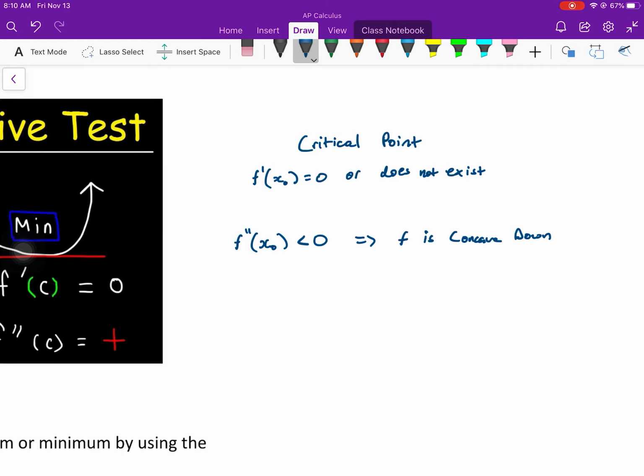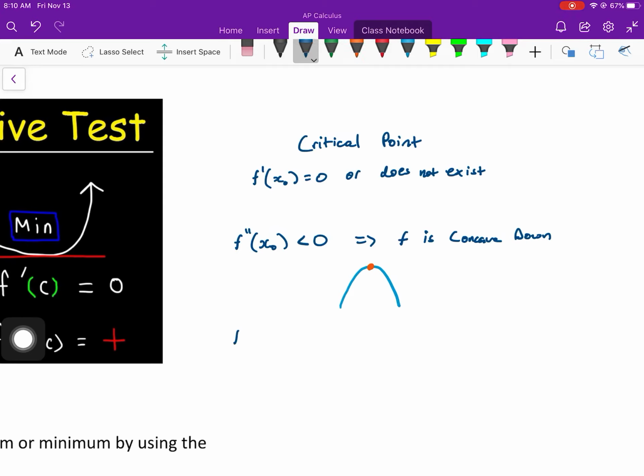So we have a horizontal tangent, but with the sad face, right? Our function would be upside down. We would have a critical point there, meaning a horizontal tangent, and since our function's opening down, that would force that critical point to be a maximum.